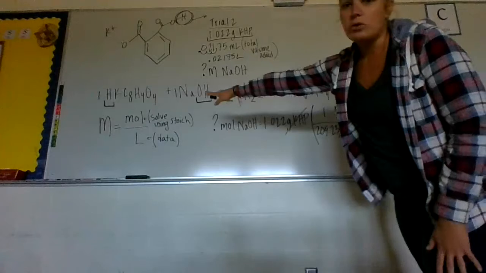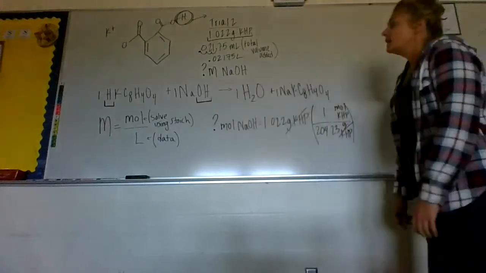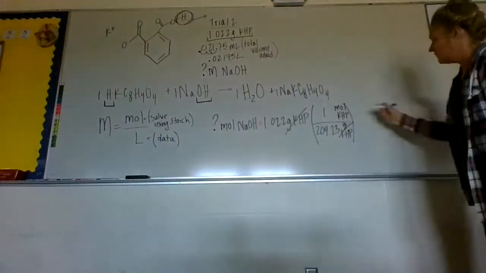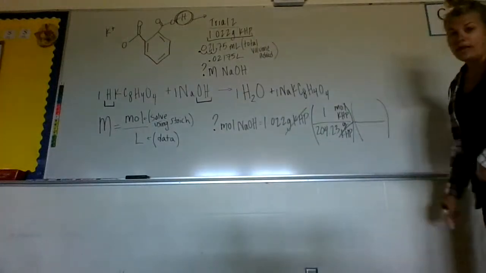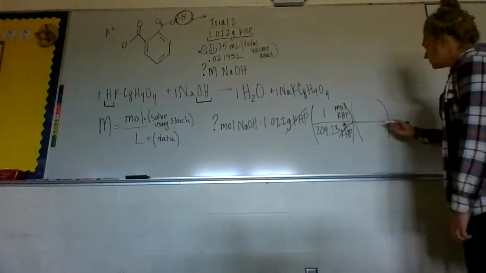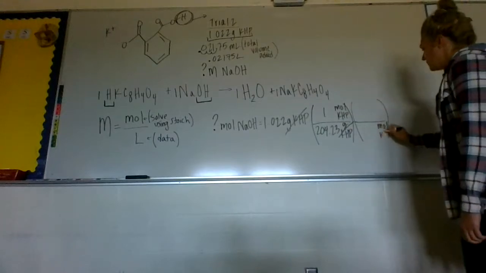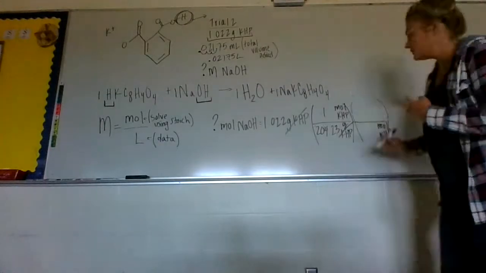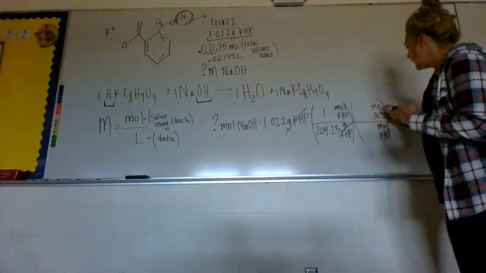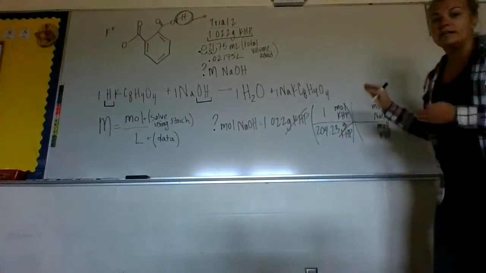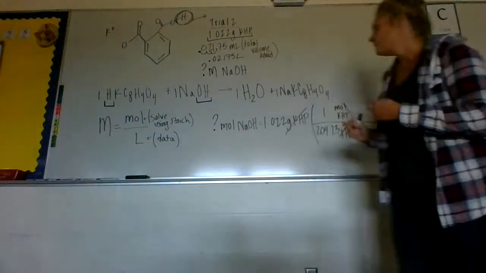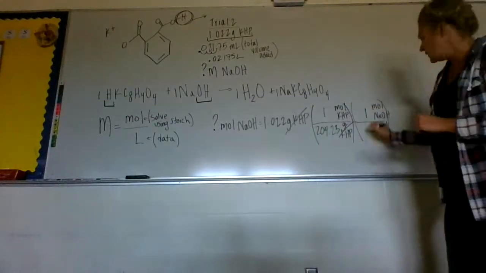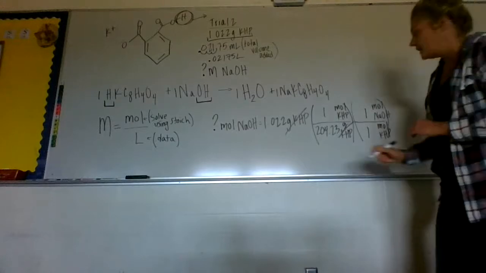Grams of KHP cancels, but I still have moles of KHP. I need moles of sodium hydroxide, and I can do that because I have a balanced chemical equation. So I'm going to do another conversion. What do I need to cancel this time? Moles of KHP, so it goes in the bottom. What I want is moles of sodium hydroxide. Since I have a balanced chemical equation, I can draw a relationship between their moles, and since it's a 1-to-1 ratio, for every 1 mole of sodium hydroxide, I need 1 mole of KHP.